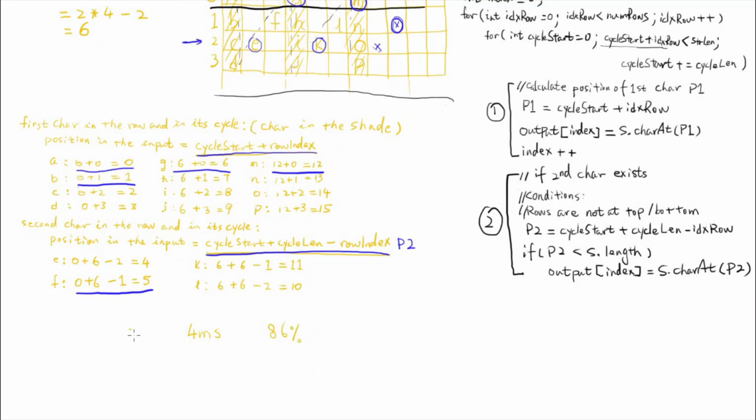This is the status for our solution number 2. And remember, our solution 1 had a runtime of 5 milliseconds and was faster than 79% of all the online submissions. So our second solution is better in performance.